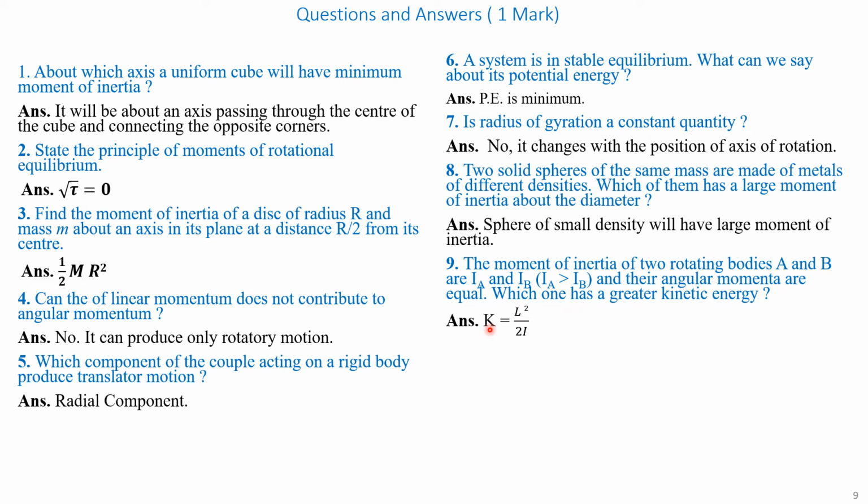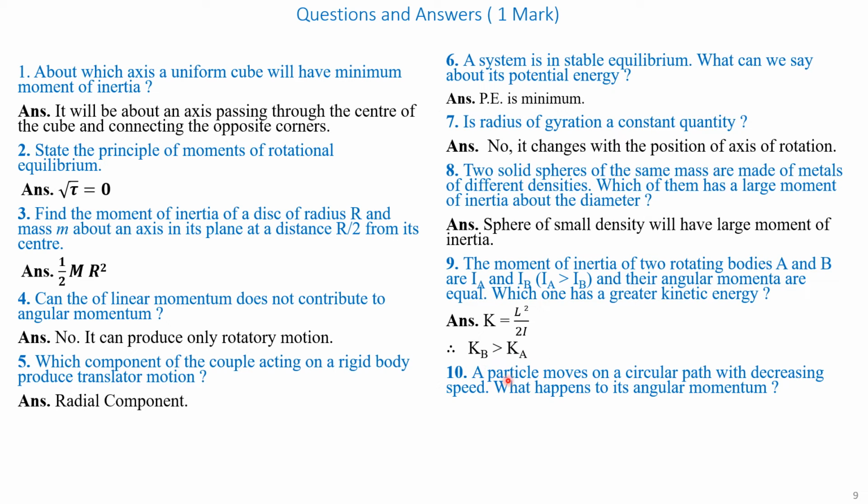We know that kinetic energy K is equal to L squared by 2I, where K is the kinetic energy, L is the angular momentum, and I is the moment of inertia. Hence, K_B will be greater than K_A because the moment of inertia comes in the denominator and I_A is greater than I_B.